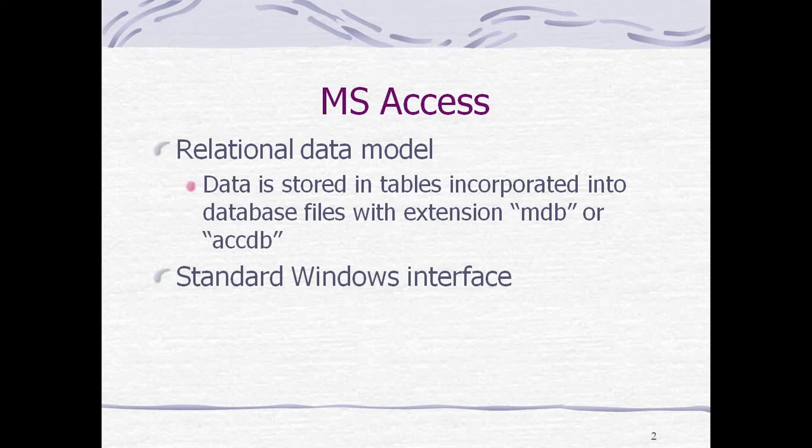For MS Excel, we have .xlsx. For MS PowerPoint 2007, the extension is .pptx. Similarly, for MS Access 2007, the extension is ACCDB, and for the previous versions, we have MDB. ACCDB stands for Access Database.